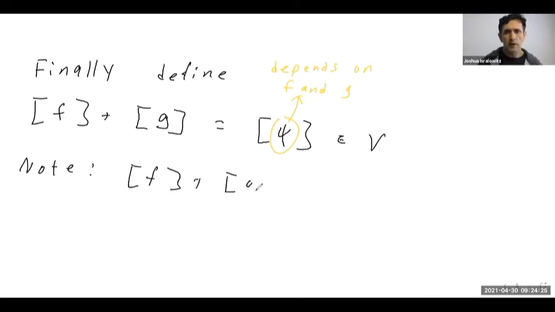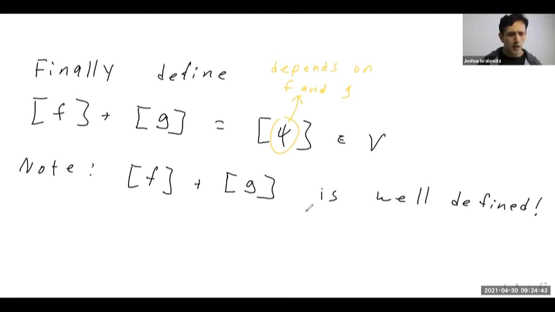So let's do that. And again, this is more abstract than what we've been doing in the past, so it's not the biggest deal if this is a little wishy-washy. Okay, so why is this well defined? I explained what I meant by that.